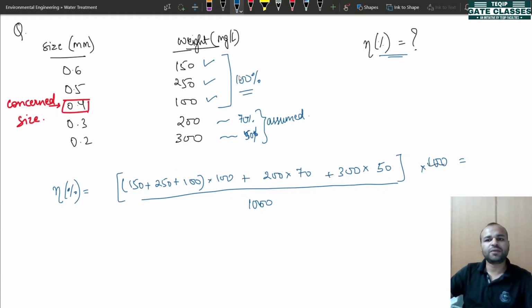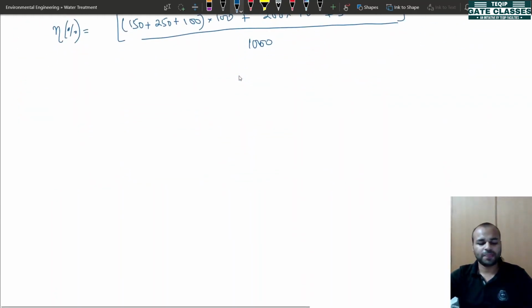Then you will not be requiring this 100 fraction. Right now you will not be requiring that fraction, but if you convert it in terms of fractions initially, then you will be requiring it. So with this you will get an approximate value of 79% efficiency of removal.